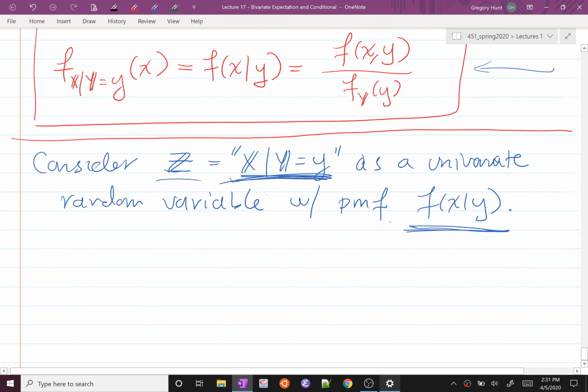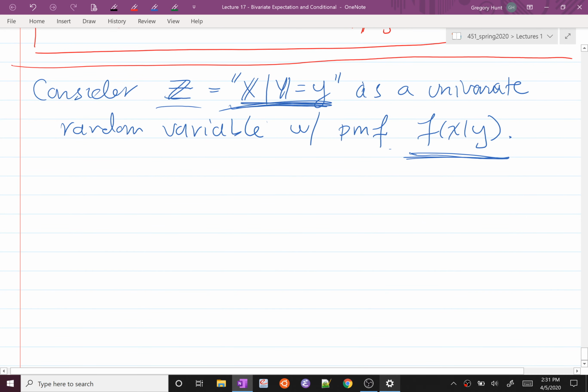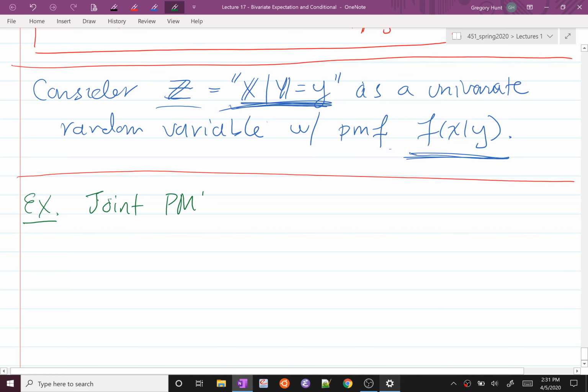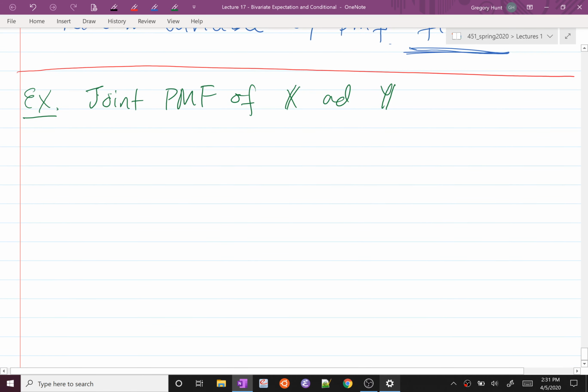Let's look at an example. So here's our joint PMF of X and Y. I'm just going to draw it in a table here.